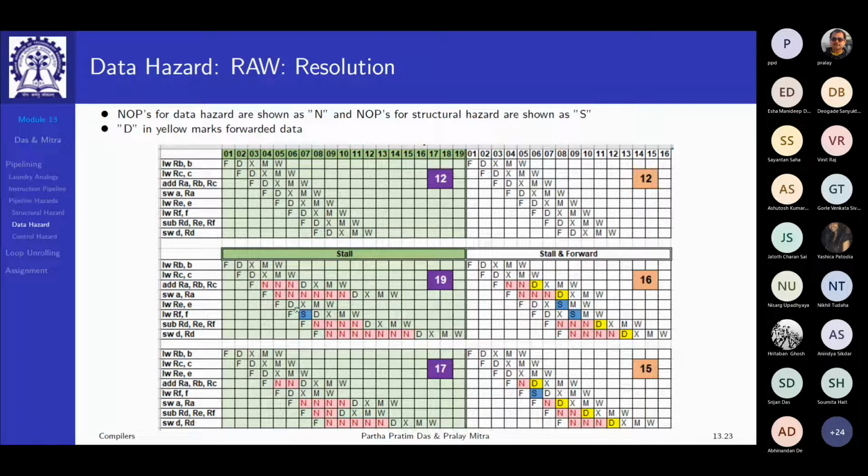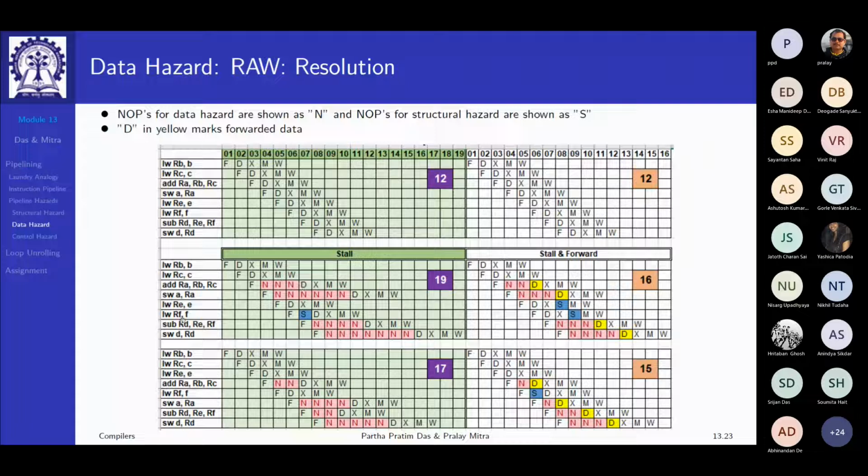Now, as we do these stalls, next we will have the load for RE, which is fine. Then we'll have the load for F. Now you can see that because of this stalling, the decode of add, which was supposed to happen in cycle 4, is happening in cycle 7.